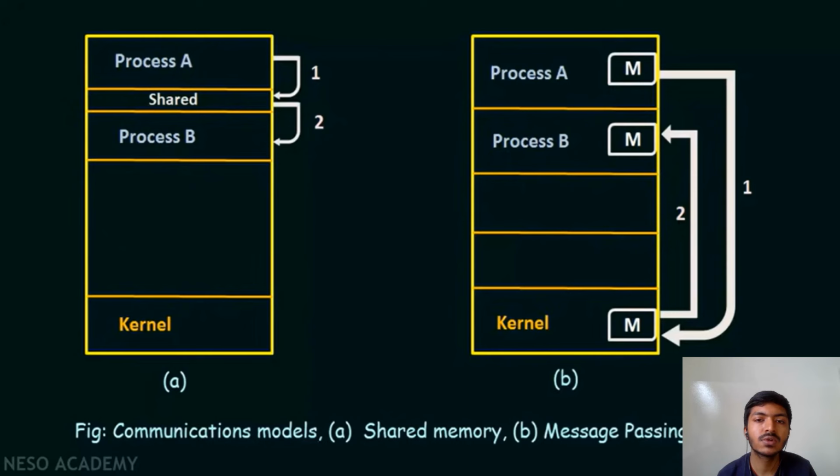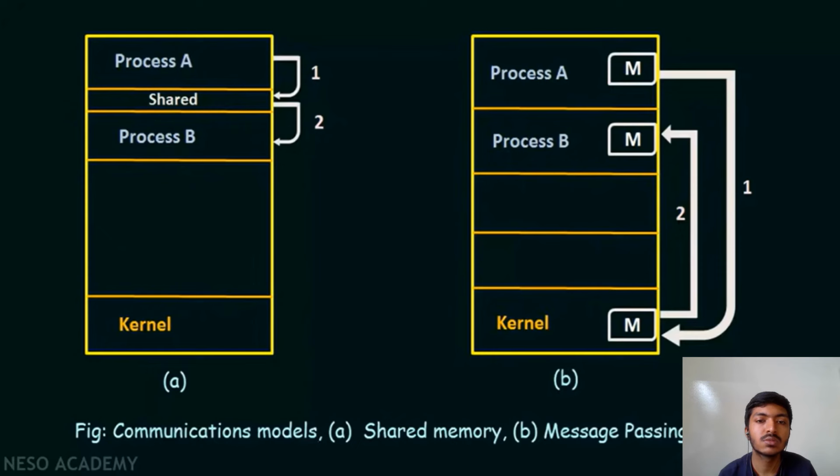If you look at figure A, which is the shared memory system, you have two processes, process A and process B, which are cooperating with each other and trying to communicate, and in between we have a shared region of memory. When process A wants to communicate with process B, it will do so by writing the information that it wants to communicate to the shared memory region.